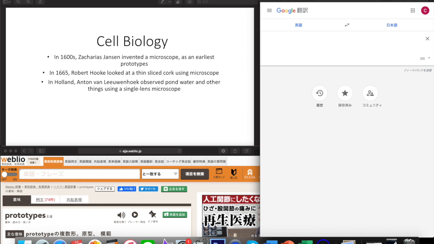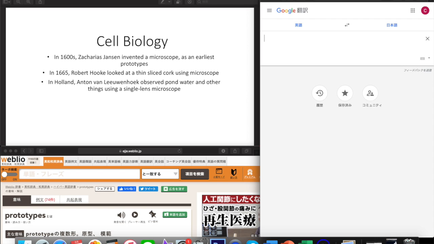So the first one had a really simple structure compared with the ones we use today. You should think of it as much simpler than today.